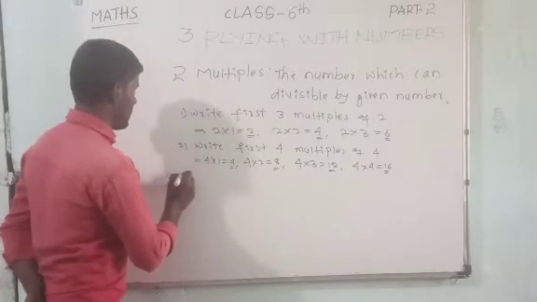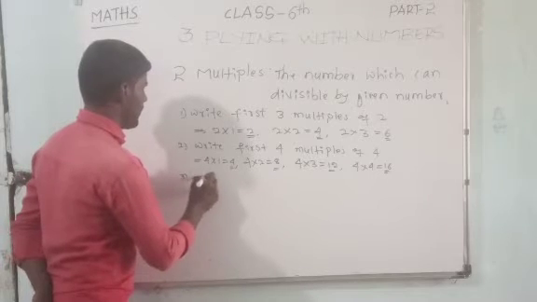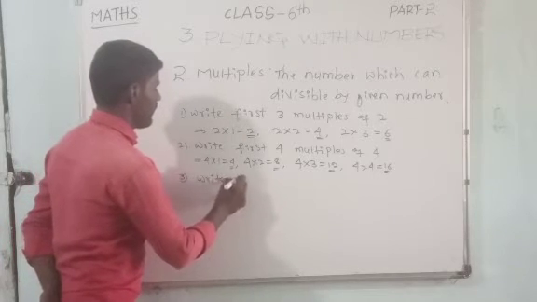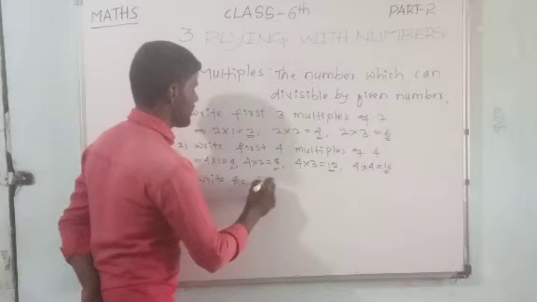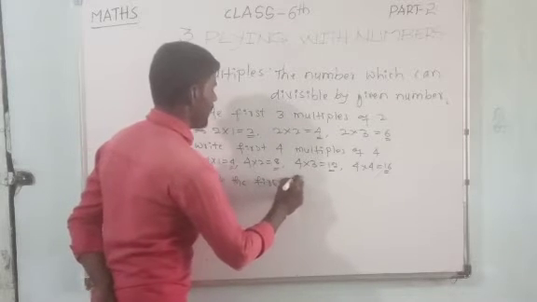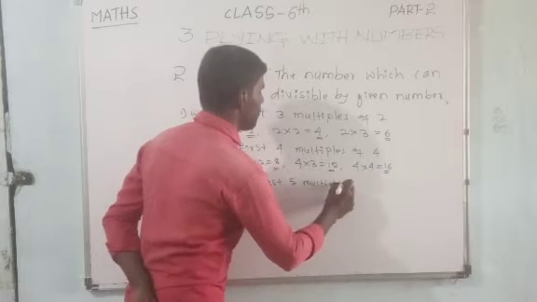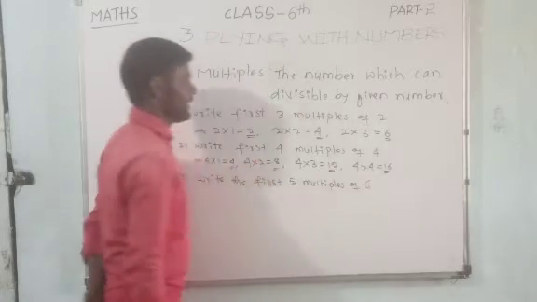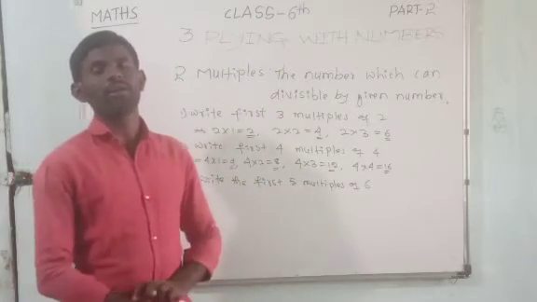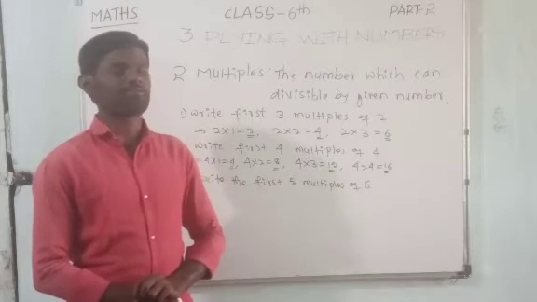Example 3, dear children. Write the first 5 multiples of 6.